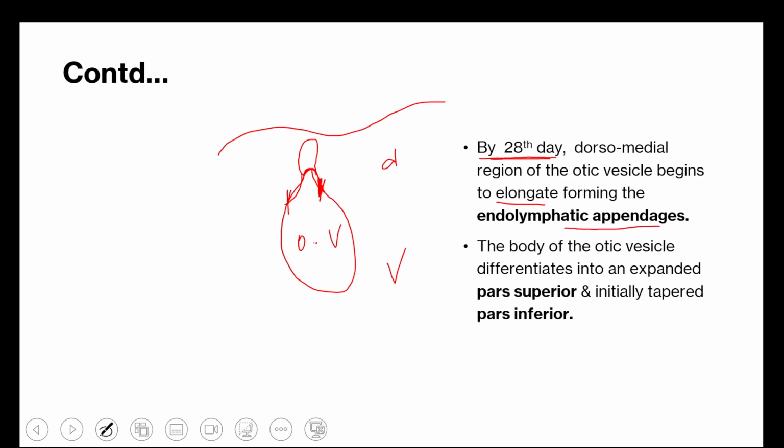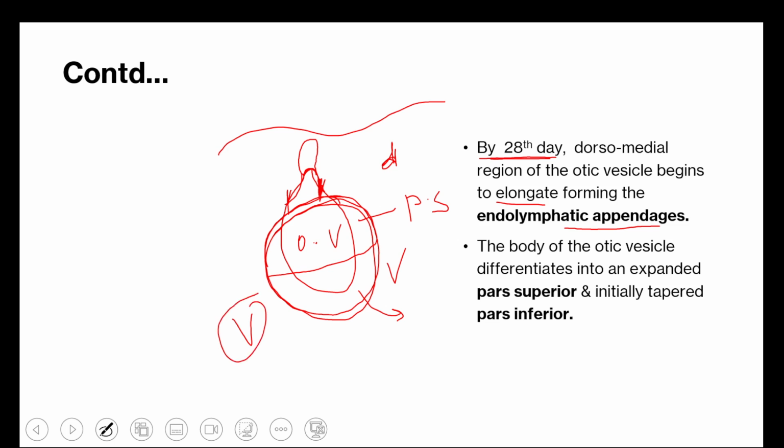The body of the otic vesicle will form the pars superior superiorly, and inferiorly, towards the ventral region, it will form the pars inferior.